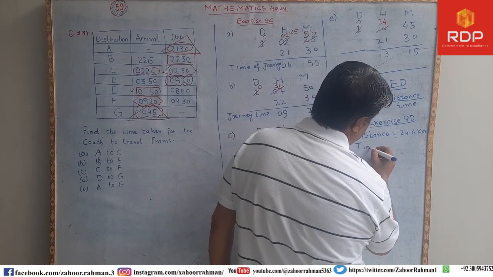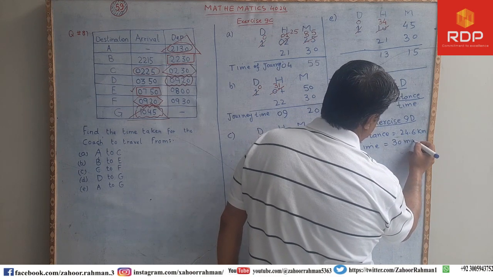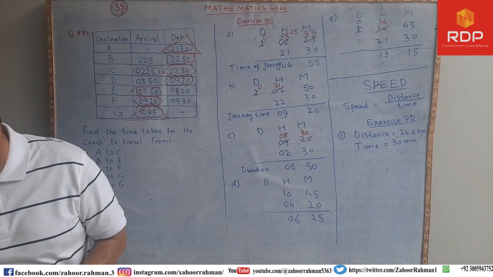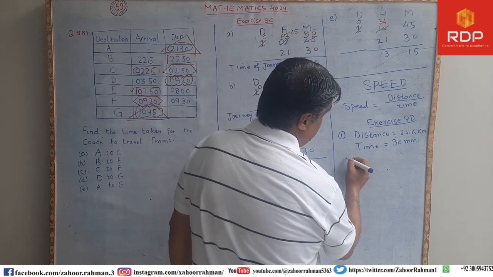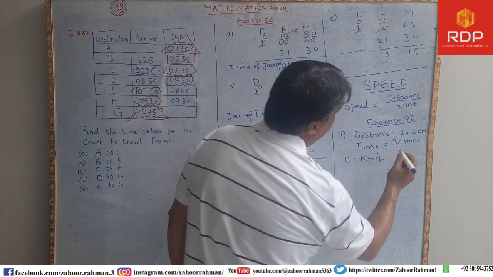Time is given to us in minutes. So ladies and gentlemen, they want us to find the speed of the particle in kilometer per hour.